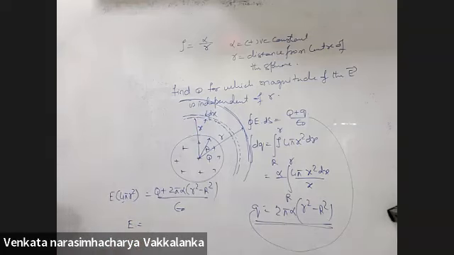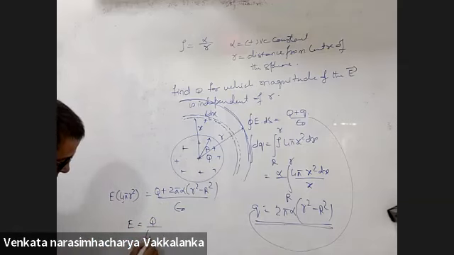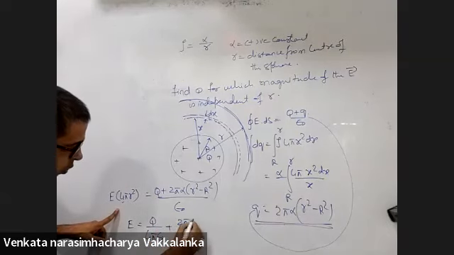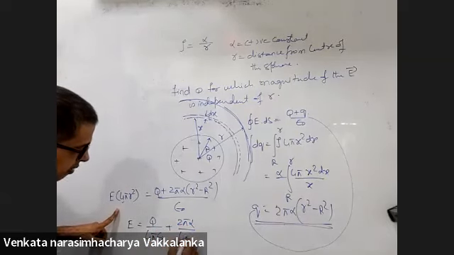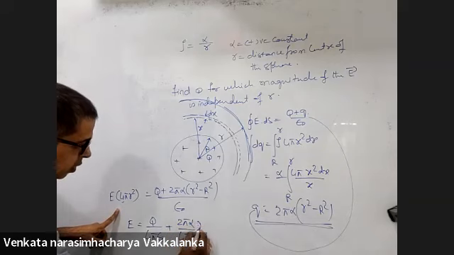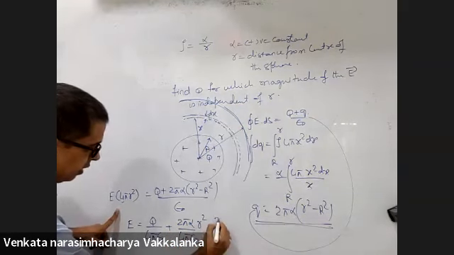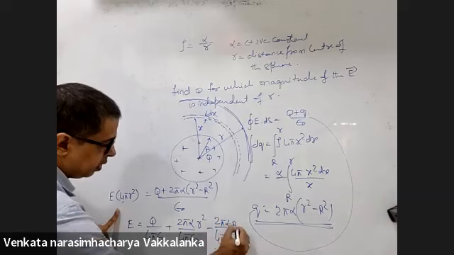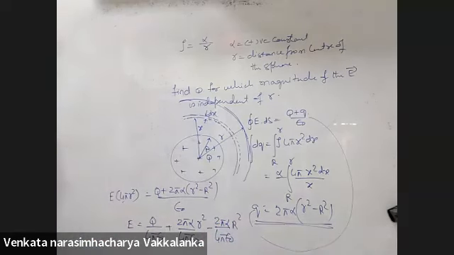E is equal to, when I rearrange this, bringing this 4 pi, Q by 4 pi epsilon naught plus 2 pi alpha by 4 pi epsilon naught r square minus 2 pi alpha by 4 pi epsilon naught capital R square. All I have done is opened up the bracket and brought 4 pi to the denominator.